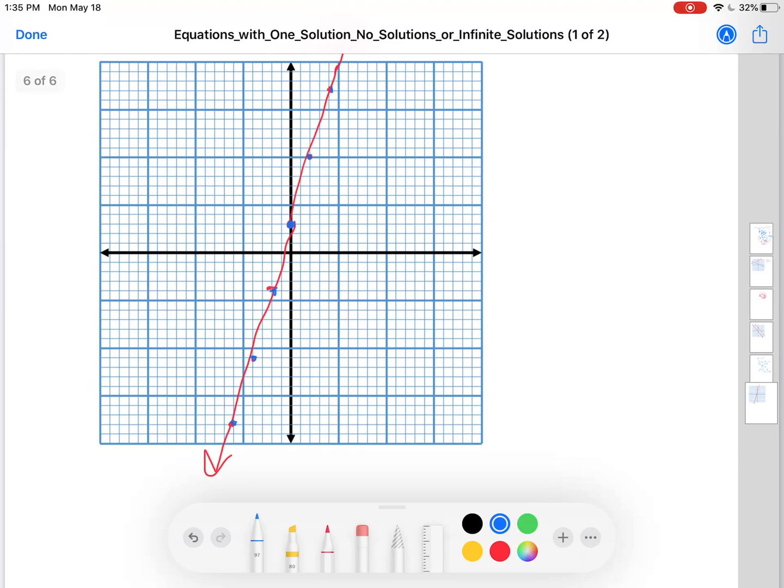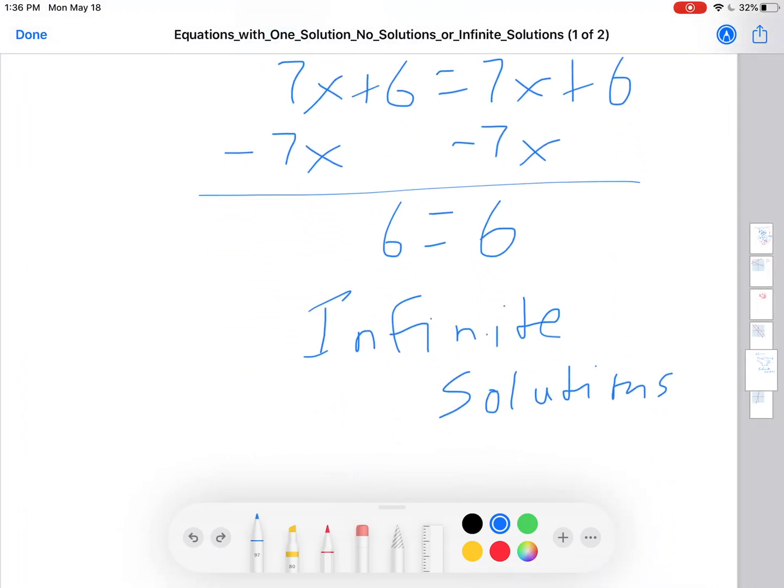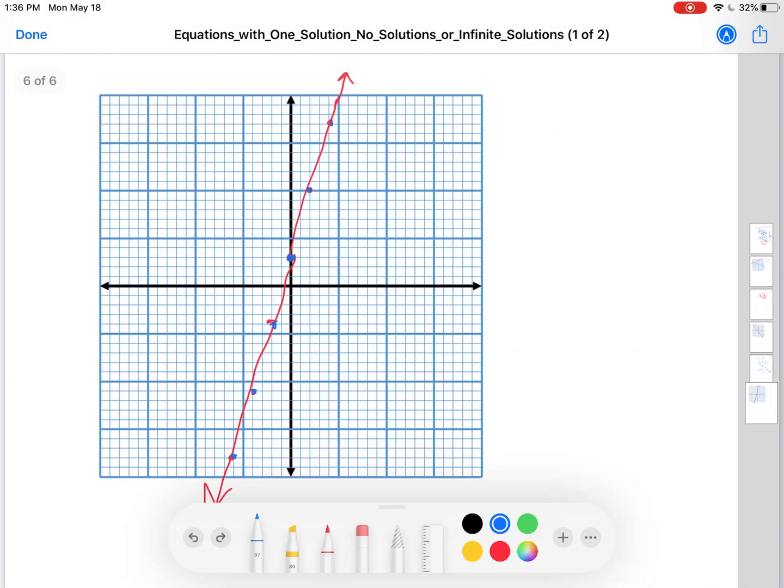That's why this has an infinite number of solutions. These two halves are exactly the same as each other. It doesn't matter what value you put in them, you're going to get an equal value on each side. It does not matter what the value of x is. What happens in the graph is you end up with two lines that are on top of each other.